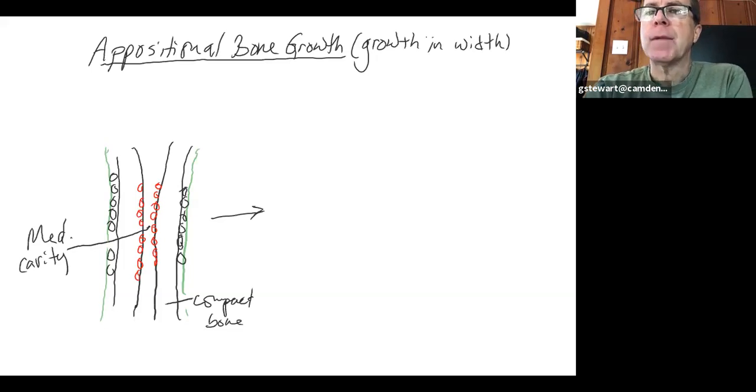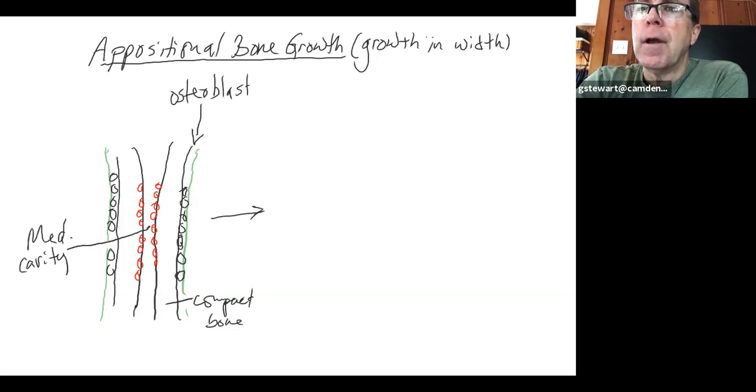I'm going to say one more thing before I draw my next picture. We've got high osteoblast activity here, aka new bone is being laid down. And we've got high osteoclast activity on the inside, where old bone is being dissolved or eroded away.